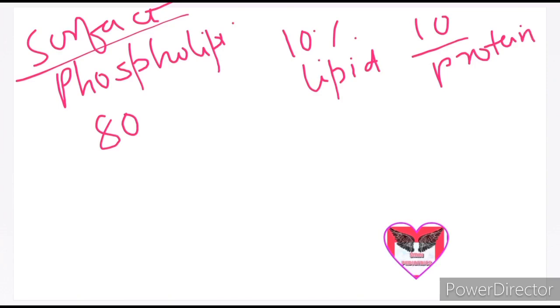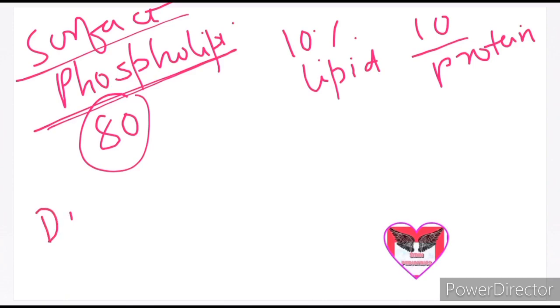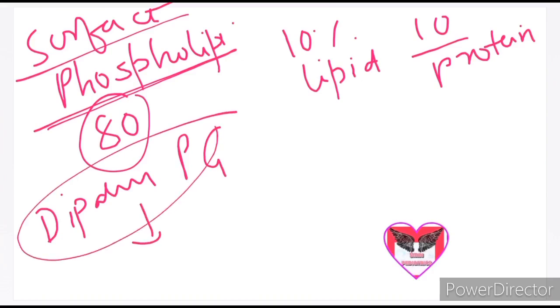Of the phospholipids, the most common is dipalmitoyl phosphatidylcholine, that is lecithin. Remember this is the most common.